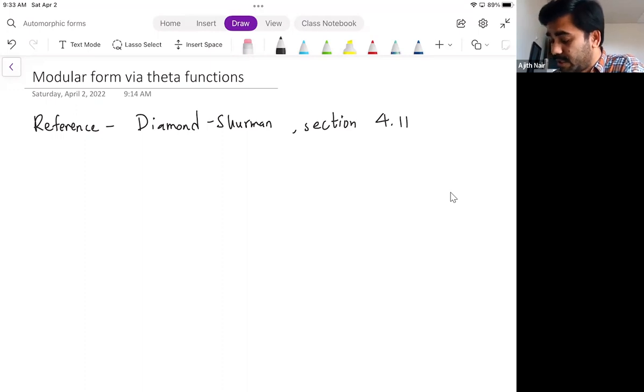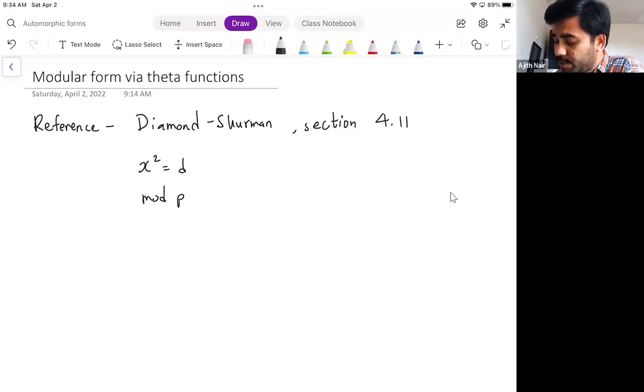The theme of the book is itself modularity, and in the preface of the textbook, they mention how you can consider the quadratic equation x squared equals d, and look at the solutions modulo p, and how this is related to the modularity conjecture.